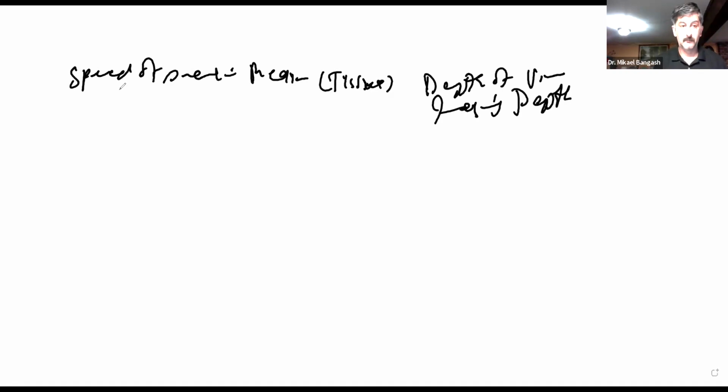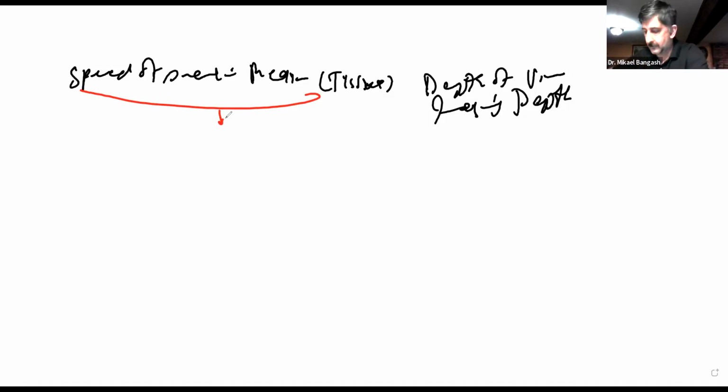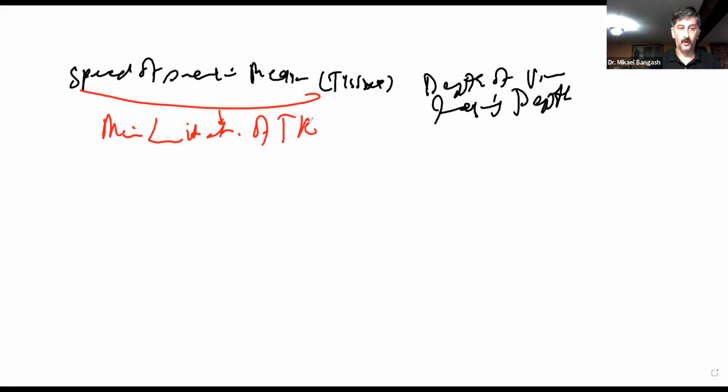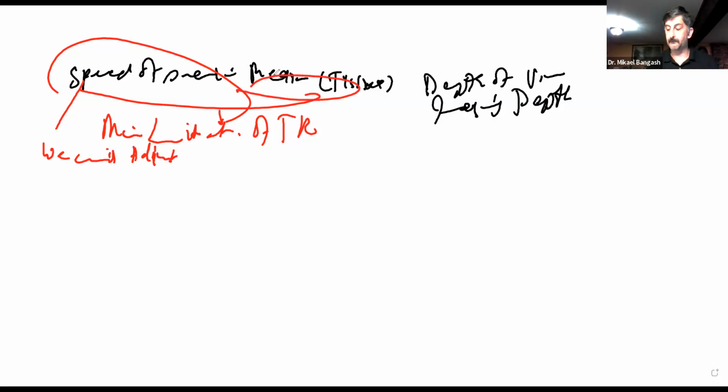This one here, as you said yesterday, is the main limitation of temporal resolution. Why? We can't adjust it, because it's mainly determined by the medium.